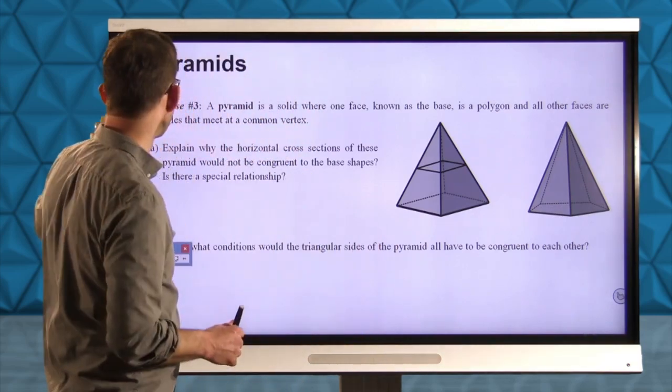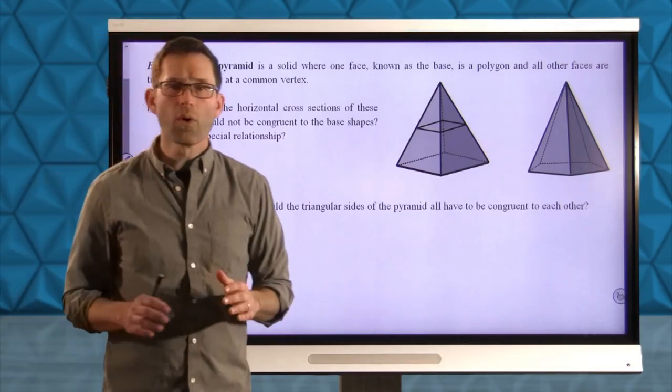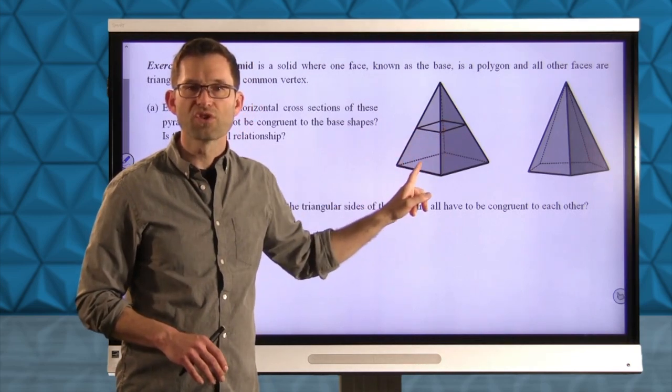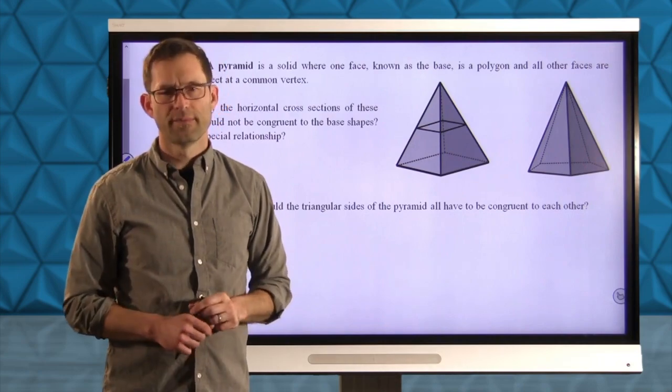All right. Letter A. Explain why the horizontal cross-sections of these pyramids would not be congruent to the base shapes. Is there a special relationship? So before with prisms, when we sliced them horizontally, that cross-section was congruent to the base, but now it won't be. Why not?